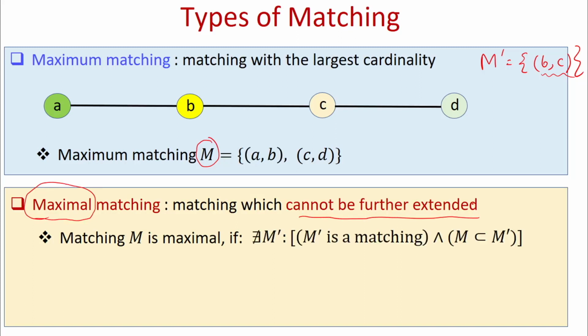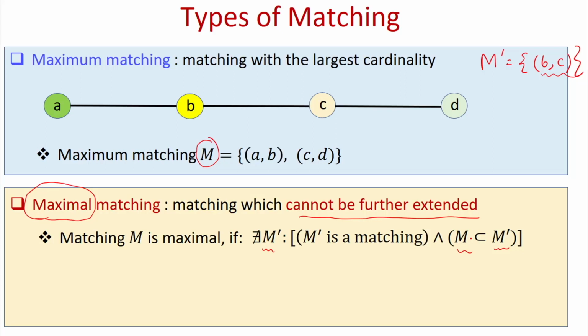I mean that you can't find another matching M prime such that M prime is a superset of your matching M. Because if you can find such a superset, that is equivalent to saying that you can extend. That means you can add further edges in M and still get a matching of bigger cardinality. That is the interpretation of cannot be further extended in this definition.